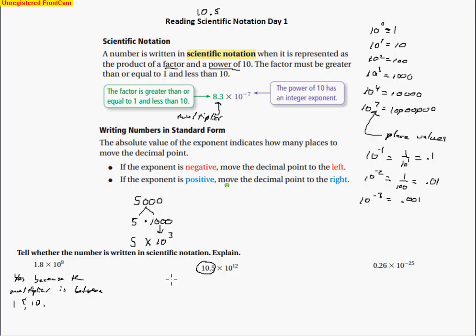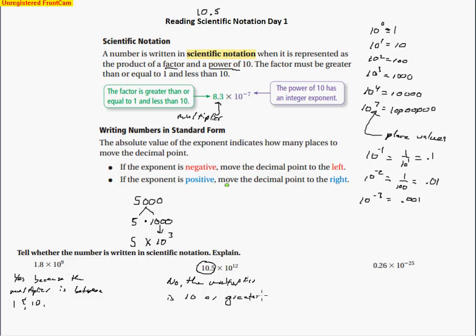So we'd say no, the multiplier is 10 or greater. If that multiplier is greater than 10, that means it's not in scientific notation.